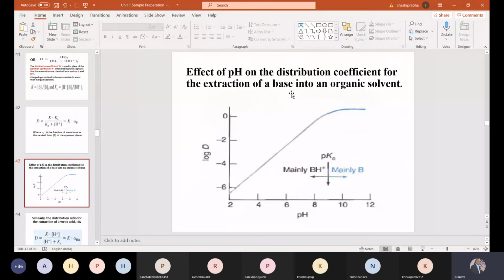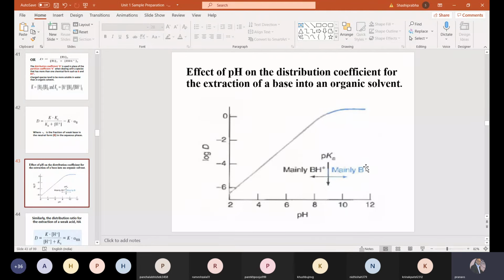Now this is a figure which tells us that for an extraction of a base into organic solvent, what we want is that the pH of the system should be alkaline. If the pH is alkaline, what you find in the solution is only B, base intact.